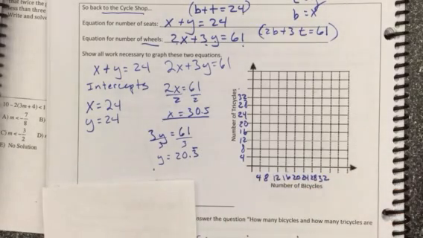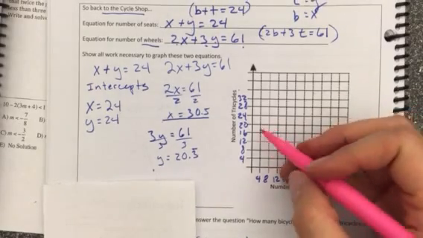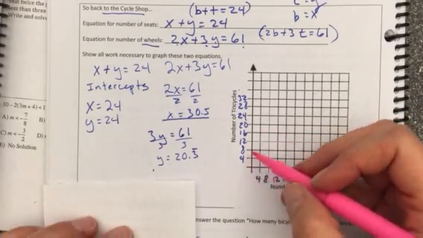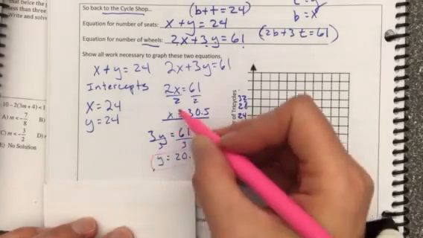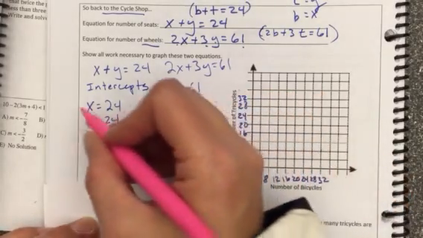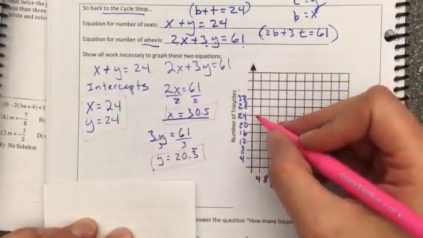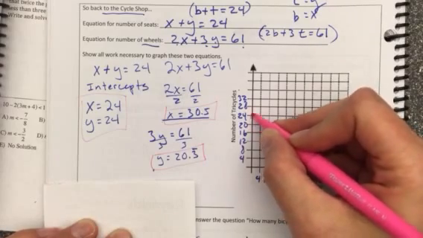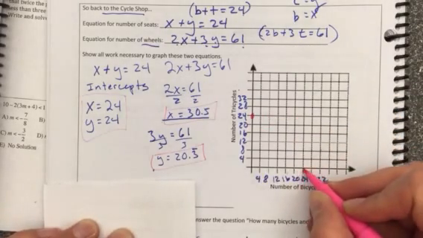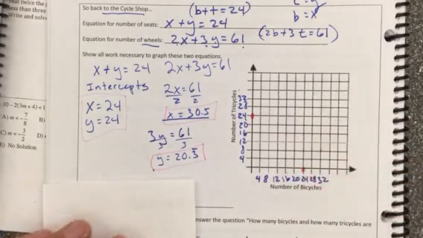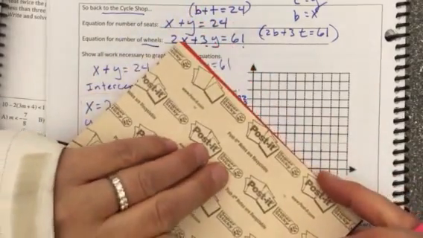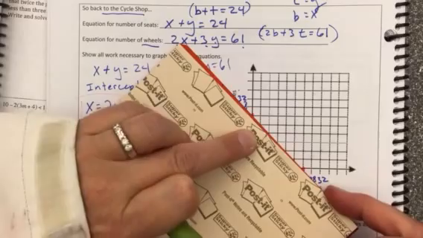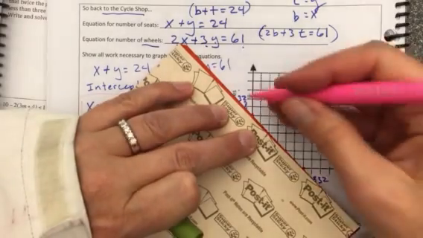So to graph these, you need to just find the spots on the axes. These are the intercepts, remember, so we're just finding these locations. So first line is both x and y intercept at 24. So we're going to draw a line from 24 to 24, like this.